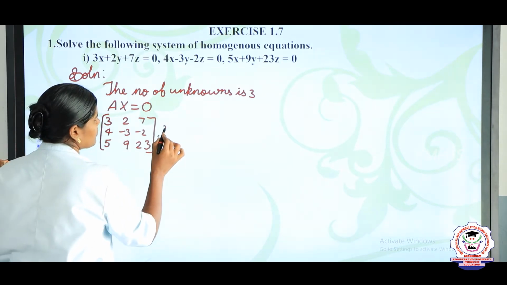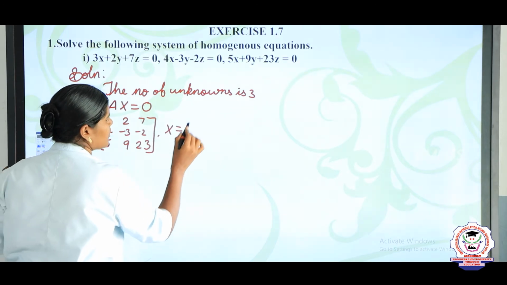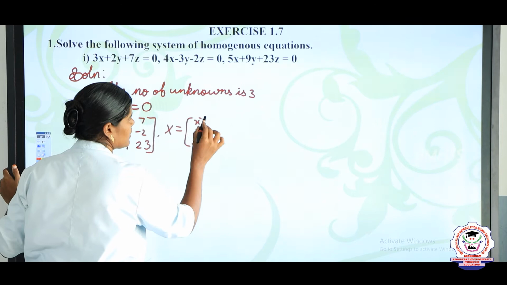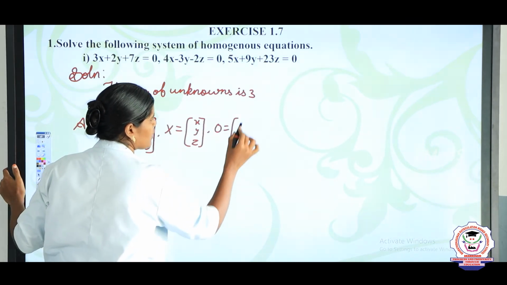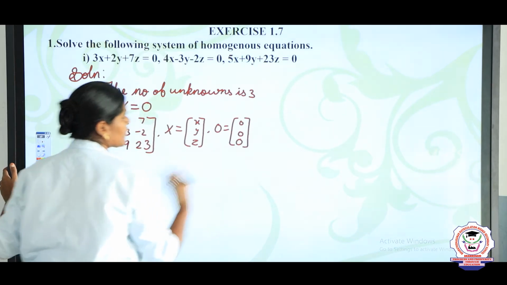So, X is equal to x, y and z. O is equal to 0, 0, 0. Okay.